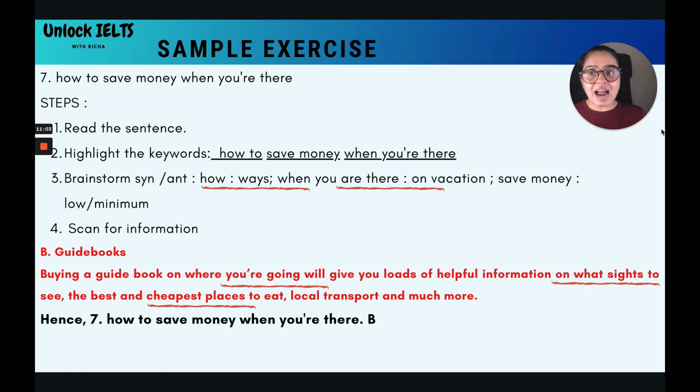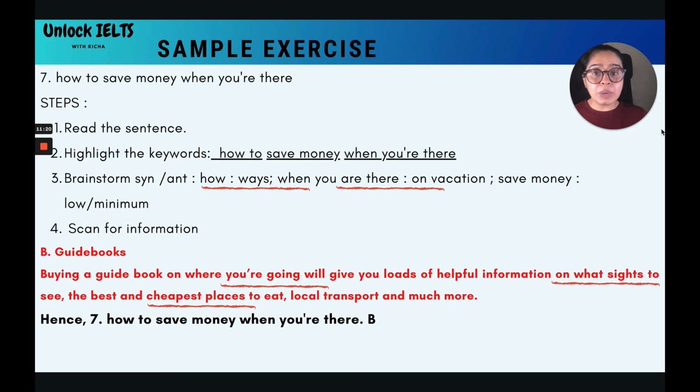Last but not the least, our sentence is how to save money when you are there. We need to follow the same steps, which are read the sentence, highlight the keywords, brainstorm all the synonyms, and then finally scan for the information.